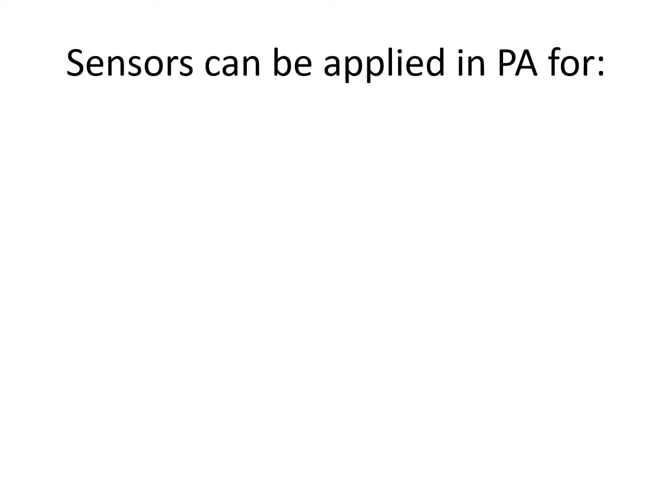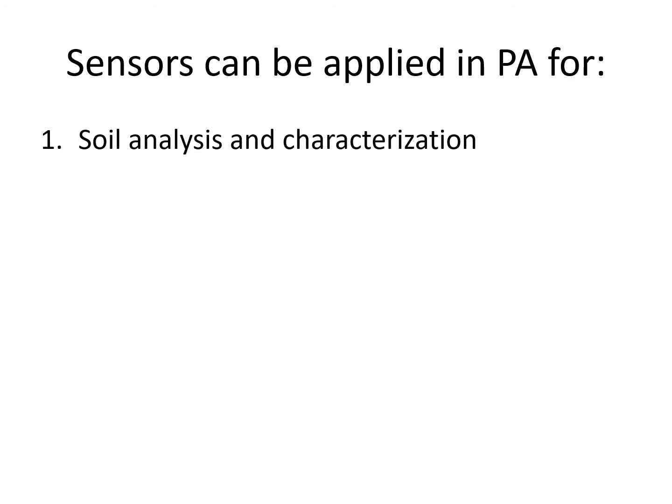We go ahead and say that sensors can be used in precision ag for a number of purposes. For example, we have sensors which can analyze soil and can characterize soils as well.